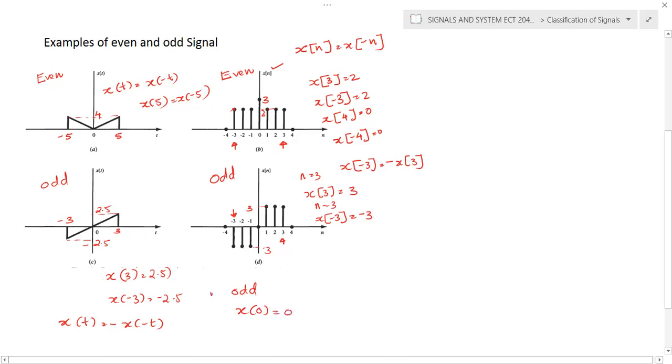If the given signal is an odd signal, the value at t equal to 0 or n equal to 0 is 0. Here you can see that the function magnitude is 0. Here also the function magnitude is 0. So we can apply this particular condition: if the signal is odd, the signal magnitude at t equal to 0 or n equal to 0 is simply 0. Now we'll see some examples.